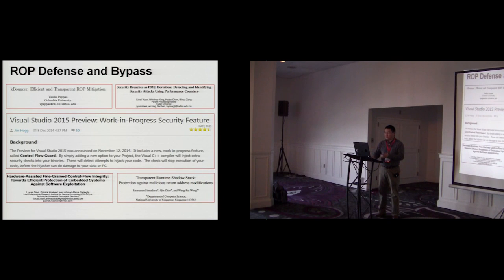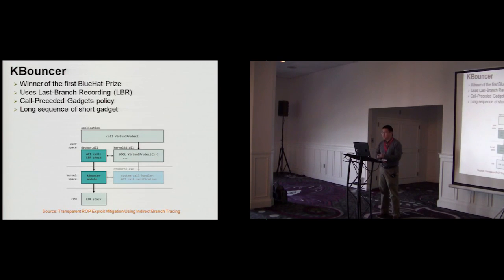And of course, the latest Windows already includes CFG, the control flow guard, in the Microsoft release. Some research also published topics on hardware-assisted CFI, control flow integrity, and also shadow stacks. So let's talk about a couple of different defenses, and we can discuss the bypass.